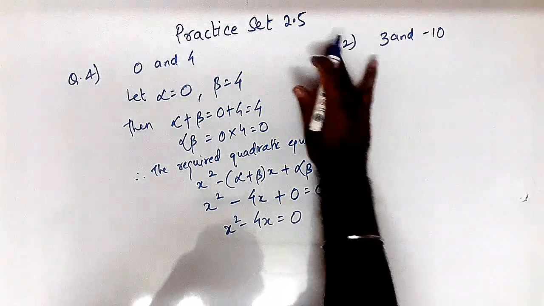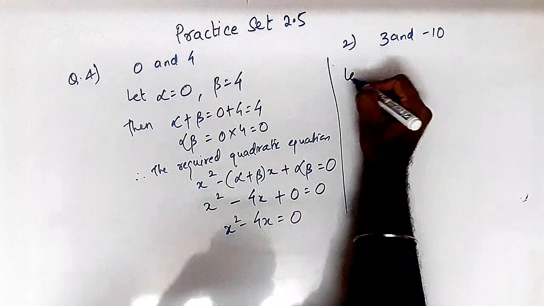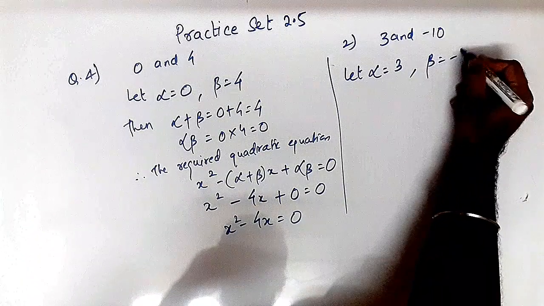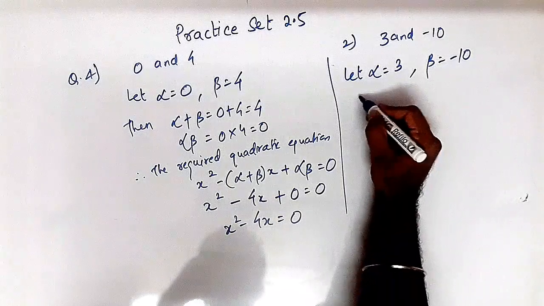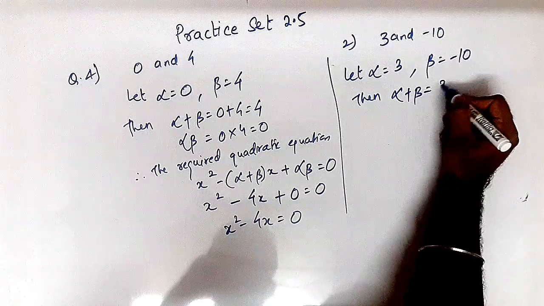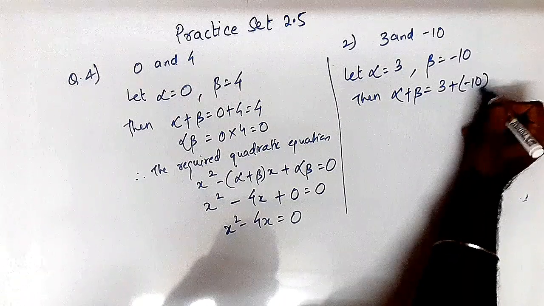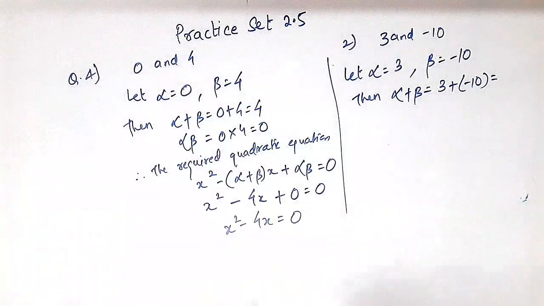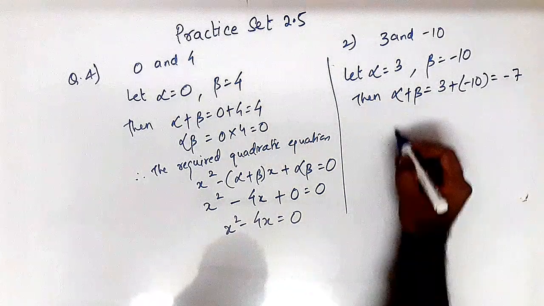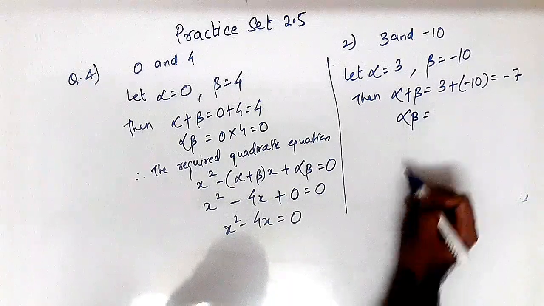Let us come here. Let alpha equals to 3 and beta equals to minus 10. Let us find the sum of the roots. Alpha plus beta is equal to 3 plus minus 10. What is 3 minus 10? It is minus 7. Let us find the product.